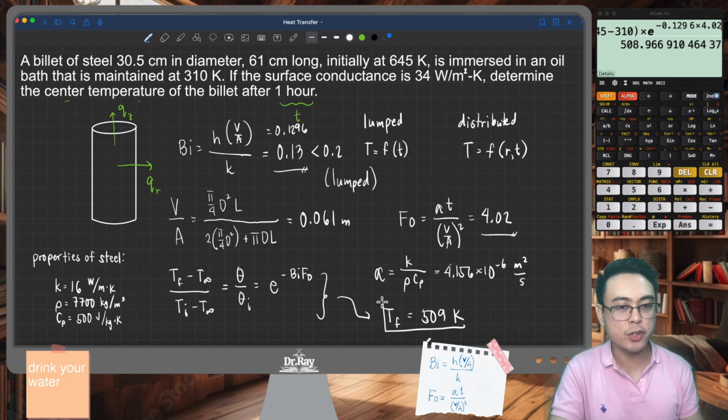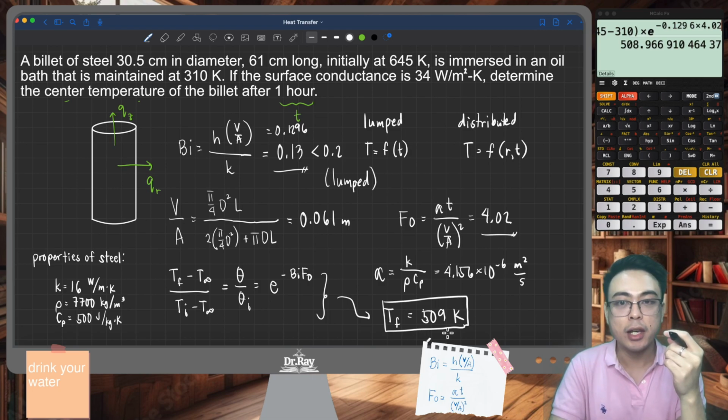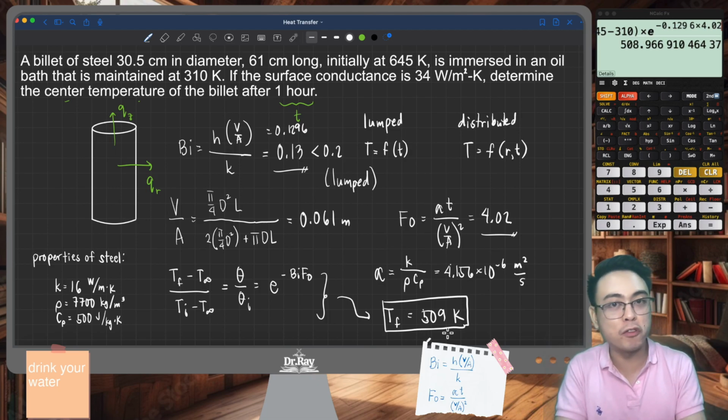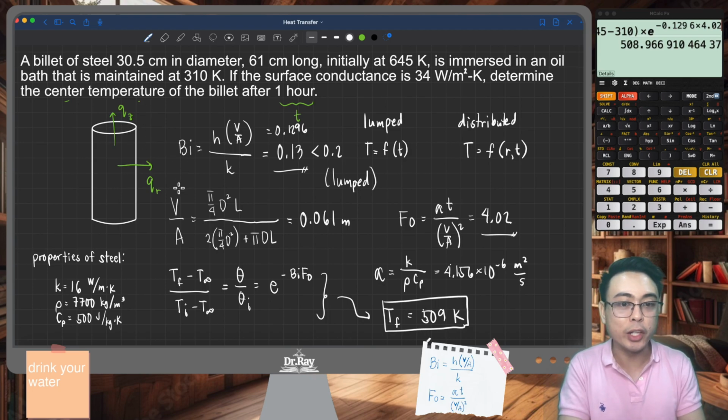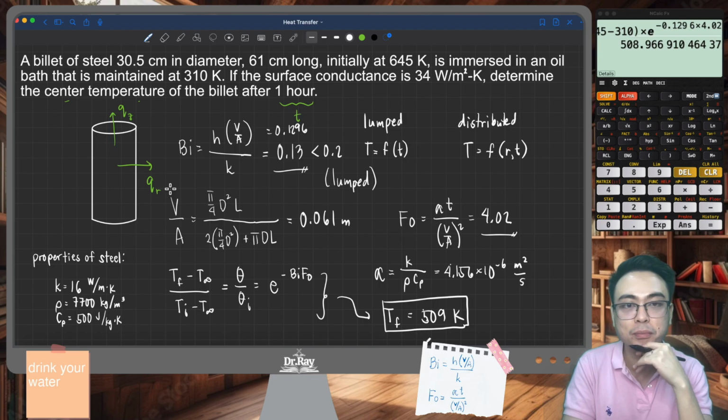Now, always ask yourselves, does this answer make sense? My cylindrical billet of steel started at 645 Kelvin, and it's surrounded by a colder fluid, which is at 310 Kelvin. And we mentioned that heat is being transferred from the cylinder to the fluid. So it should make sense that the final temperature should go down, and it should be lower than 645 Kelvin.